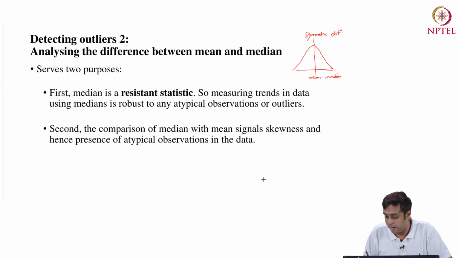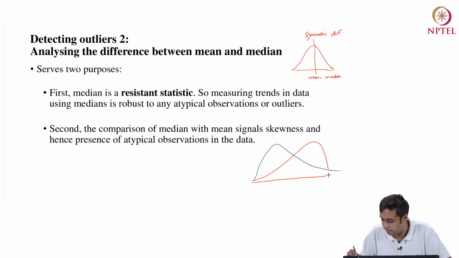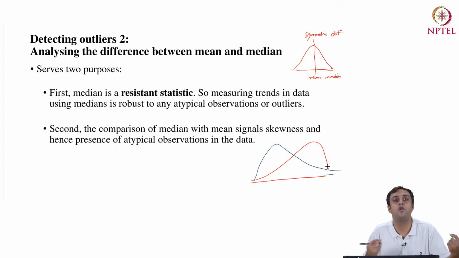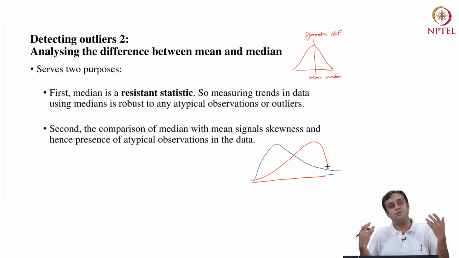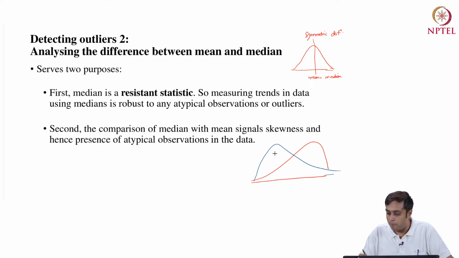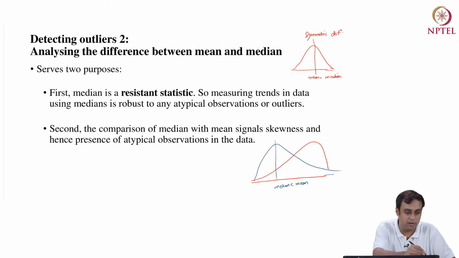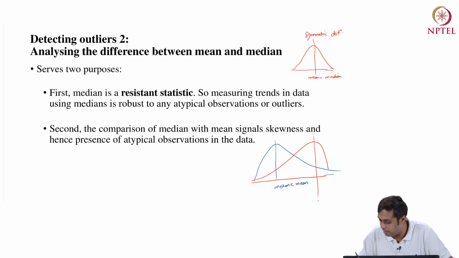But in case you have an asymmetric distribution, you have something like in red, or let's say something like in blue, then you're no longer going to have your mean and median values be the same, right? For blue, you're going to have your median smaller than the mean, and for the red, you're going to have the mean smaller than the median.